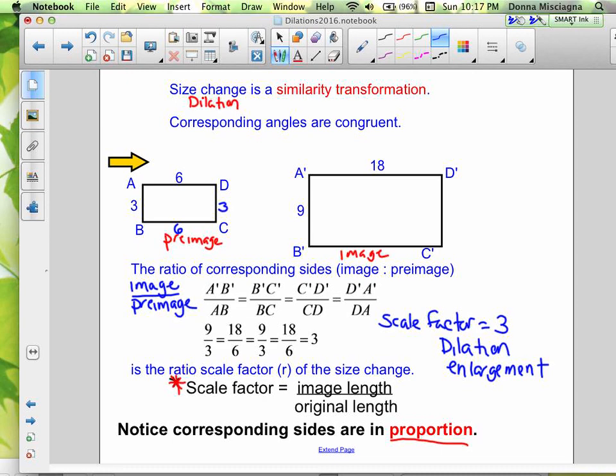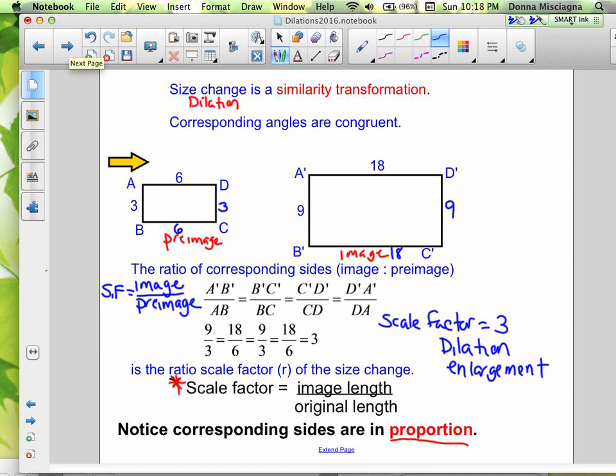And if you're proving something is a dilation, you have to check all the corresponding sides. If you're just finding the scale factor and you already know it's a dilation, then you can match any pair of corresponding sides. When you're finding scale factor, if this isn't in your notes, add this to your notes. You can abbreviate because I don't have enough room to write as scale factor. To find your scale factor, it's image over pre-image.